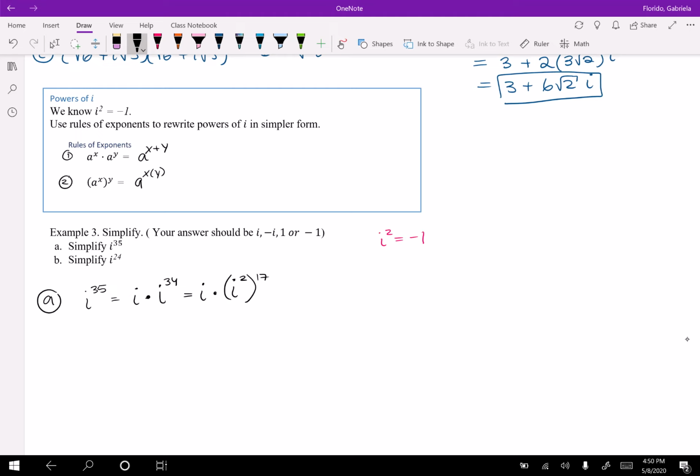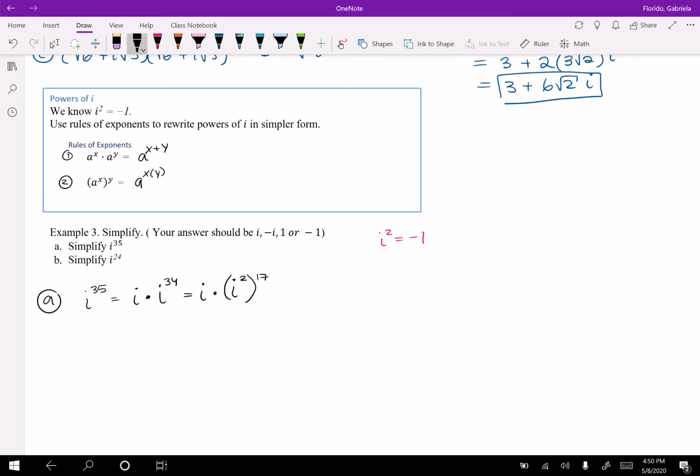And so if I go backwards, I'm back to i to the 35th. So I haven't done anything wrong here. All I used is rules of exponents to rewrite i to the 35th power. I just used rule number 2 here that I wrote down.